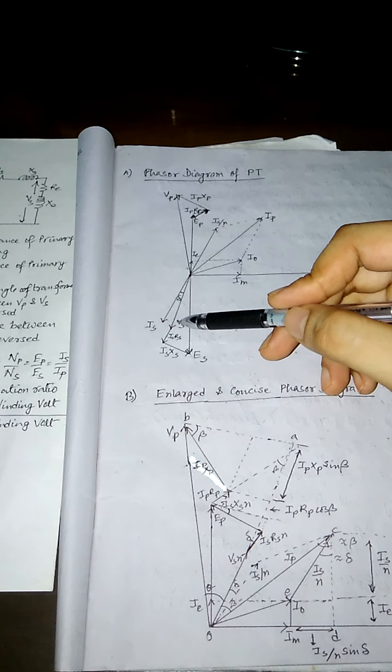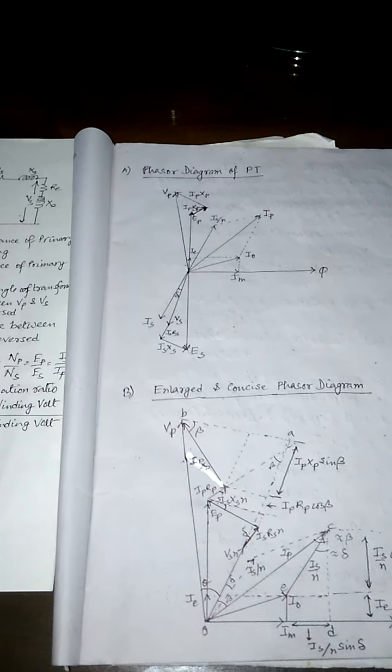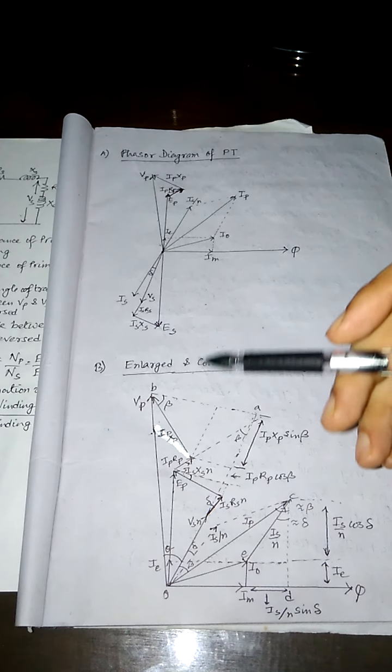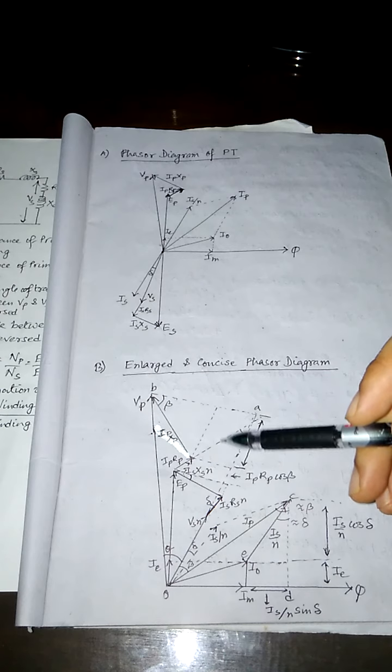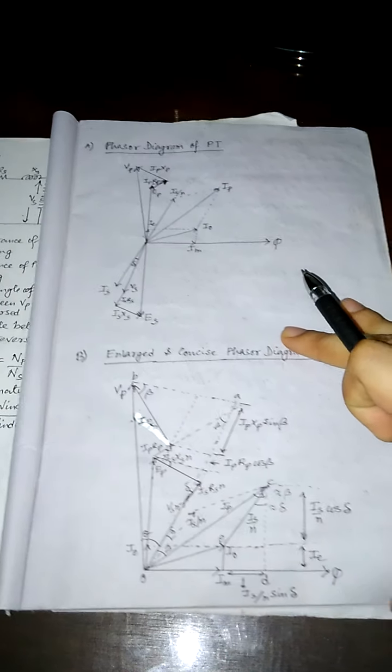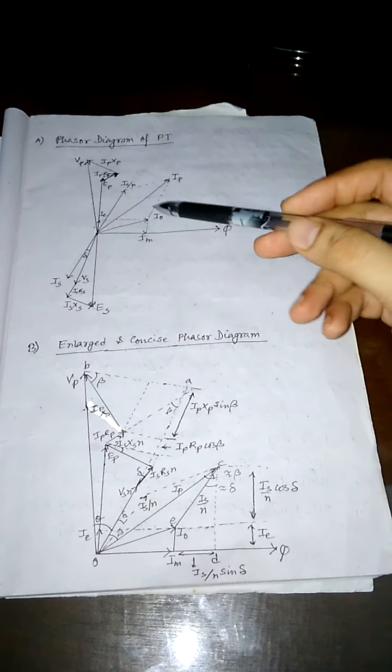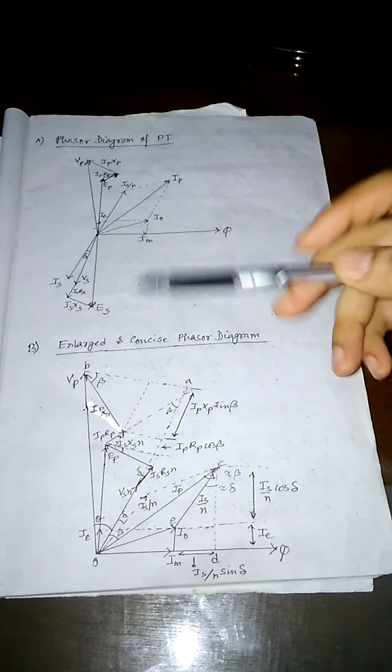Now if we are going to enlarge and concise the phasor diagram, you are going to reverse the secondary winding current Is and secondary winding voltage Vs. So now see what the diagram is. Relate this to that.